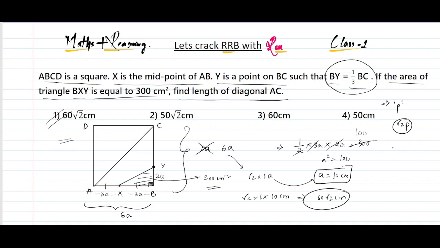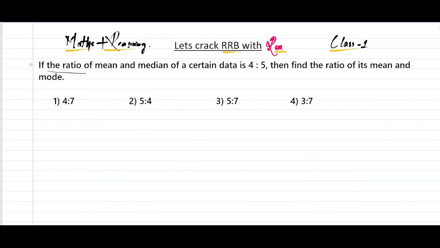Okay, next question. See this question, if the ratio of mean and median of a certain data is 4:5. So here they have given mean divided by median ratio as 4:5. Okay, we need to find the ratio of its mean and mode.